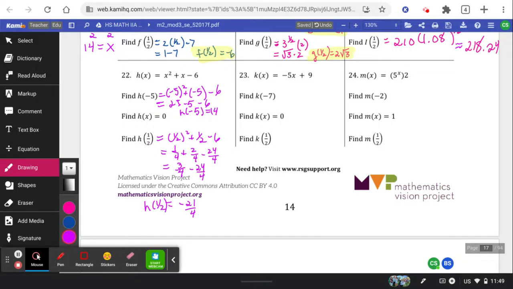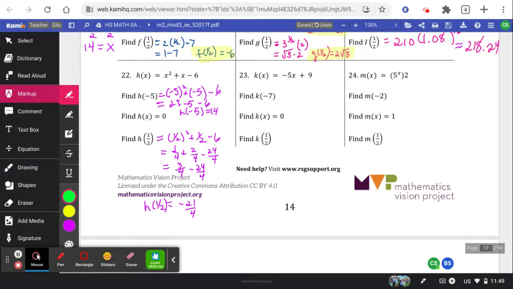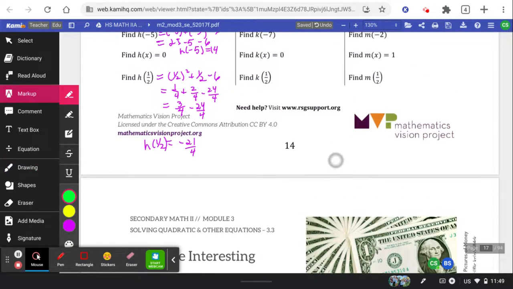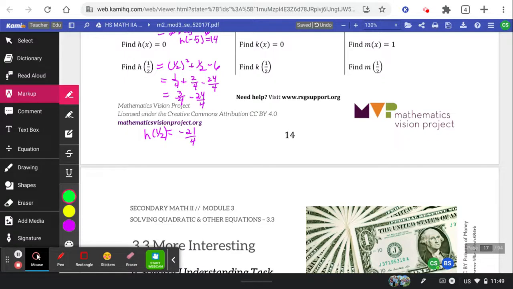Okay, h of x equals 0 means I'm going to set this quadratic equal to 0. I think I'm going to do it down here.